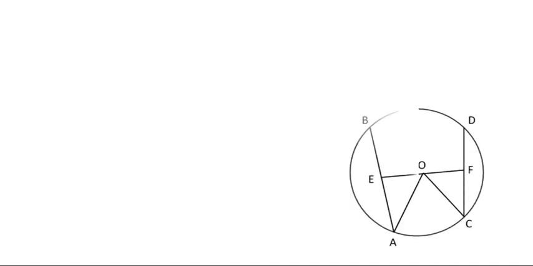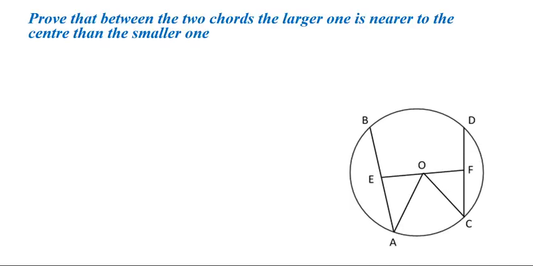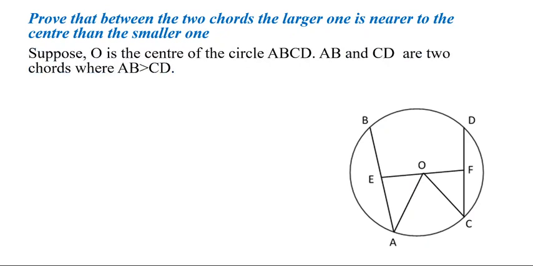Now exercise. First of all, see this figure. Prove that between two chords, the larger one is nearer to the center than the smaller one. Suppose O is the center of the circle ABDC. AB and CD are two chords where AB is greater than CD.